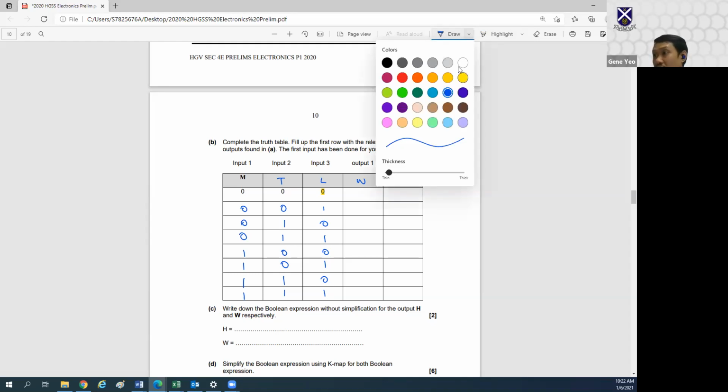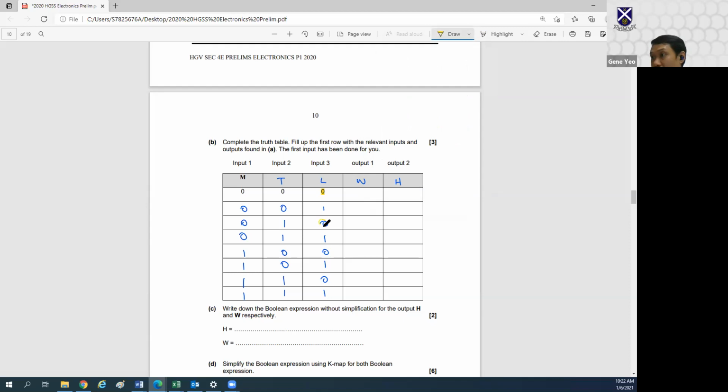We put a yellow. So whenever there's a L0 or a T0, whenever there's a L0 or a T0, what happens is that the heater switches on. So the heater switches on means it is H1.